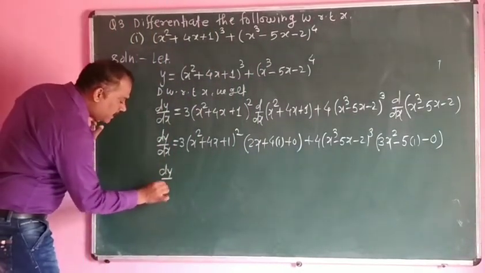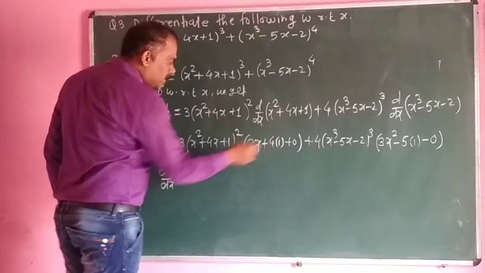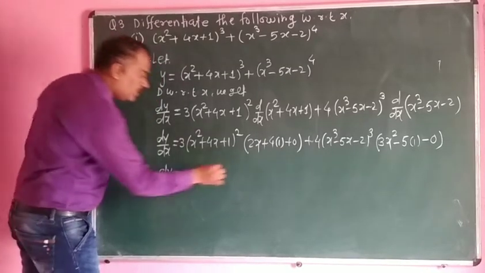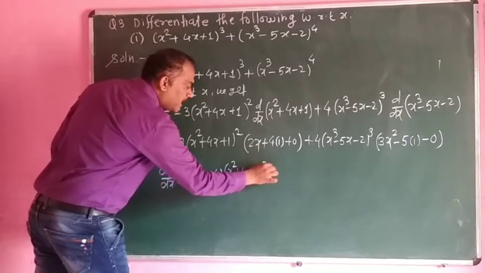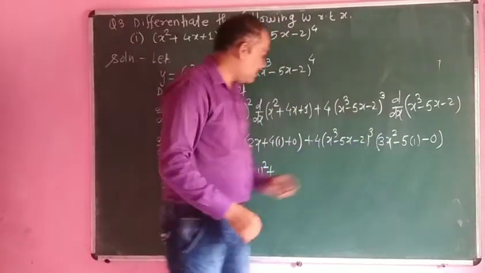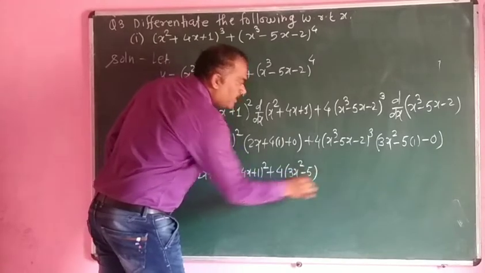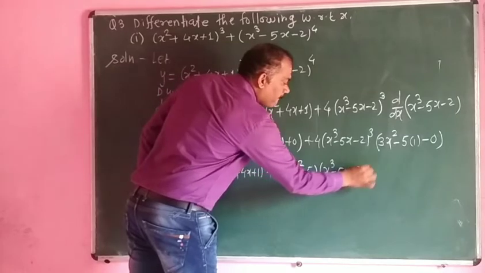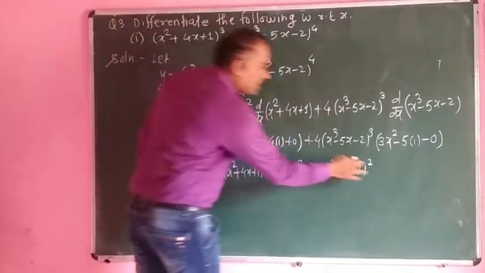After simplification, what do we get? dy by dx is equal to 3 into, here we get 2x plus 4, into x square plus 4x plus 1 bracket square, plus, here we get, 4 into 3x square minus 5 into x cube minus 5x minus 2 bracket raised to 3.